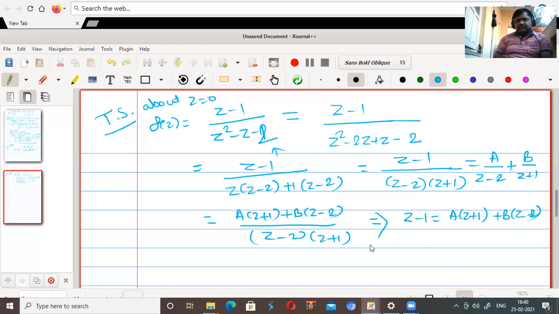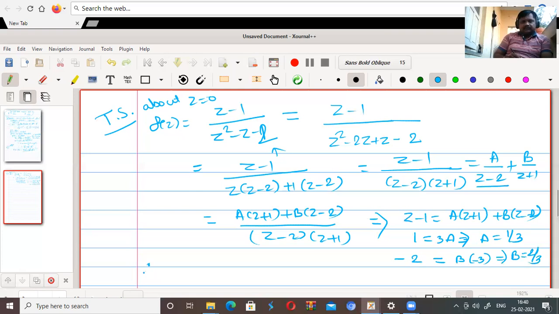We want to obtain the values of a and b here. Put z equal to 2 in this expansion. We get 1 equal to 3a, that is a equal to 1 by 3. And if I put z equal to minus 1, for z equal to minus 1, it becomes minus 2 equal to b into minus 3, that is b equal to 2 by 3.